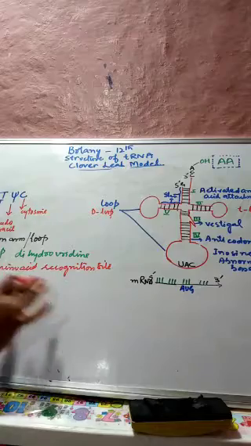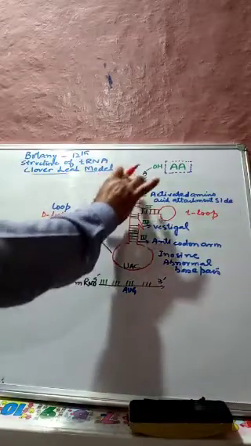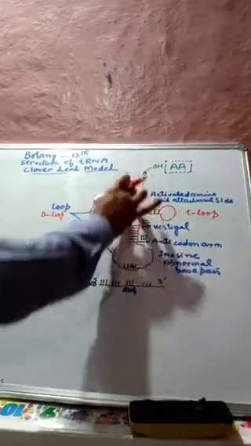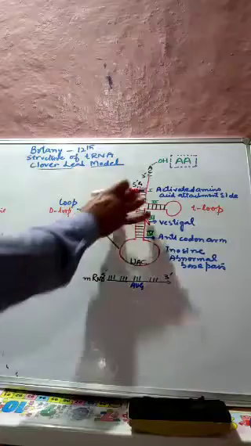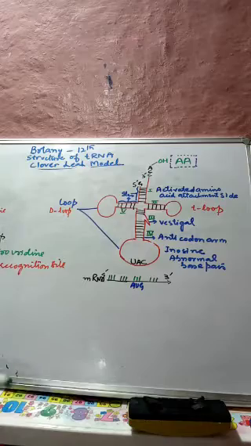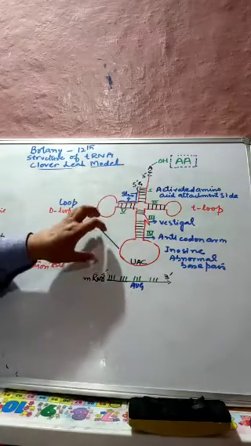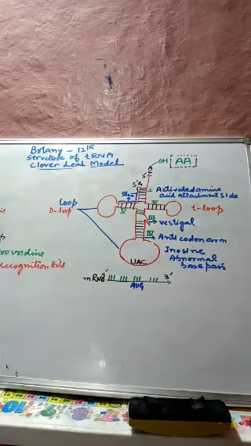So what we have studied is the clover leaf model. Because of the many foldings, it seems to be a double helix, but actually it is a single stranded structure, with the 3 loops we discussed. Its main function is the transfer of amino acids, which is why it is called transfer RNA.